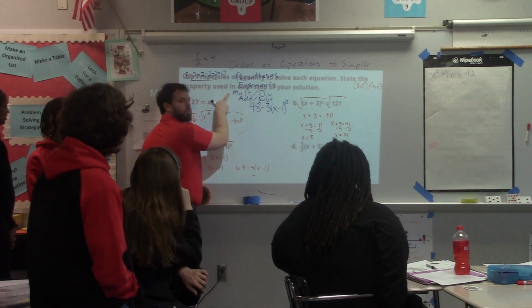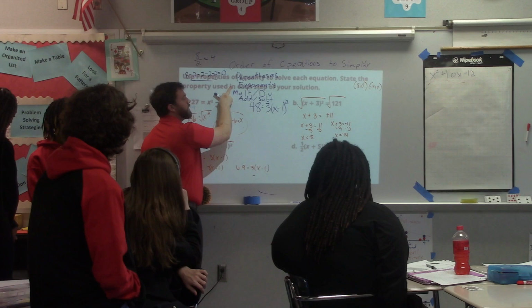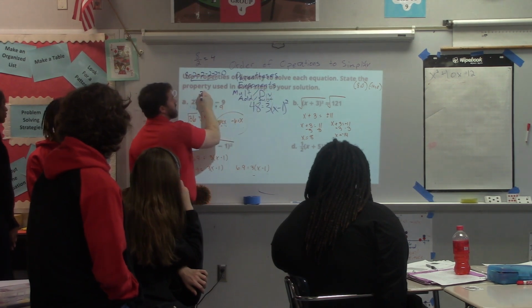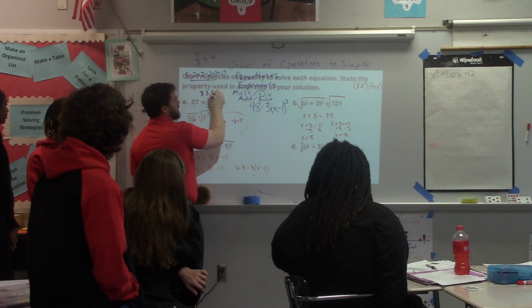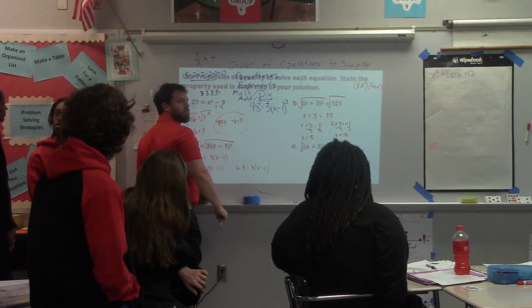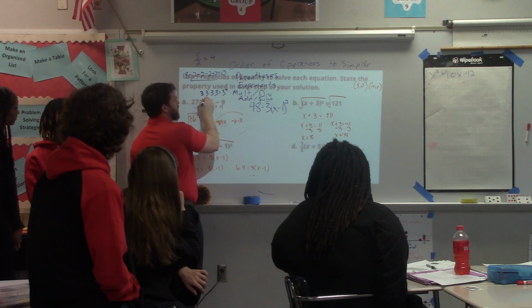Then, you know what I get when I repeatedly multiply? An exponent. You know what I get when I repeatedly divide? I also get an exponent. How can I rewrite 3 times 3 times 3 times 3? 3 to the 4th, okay? You know what 3 to the negative 4 is?